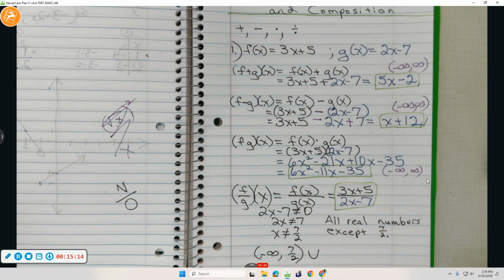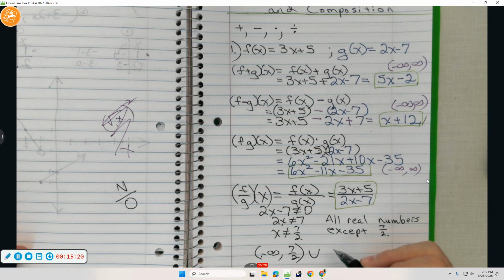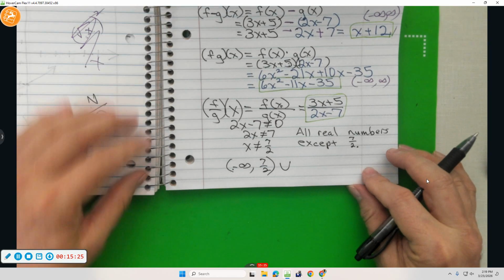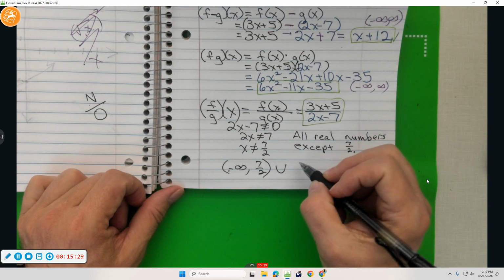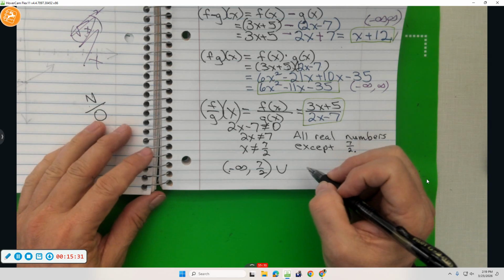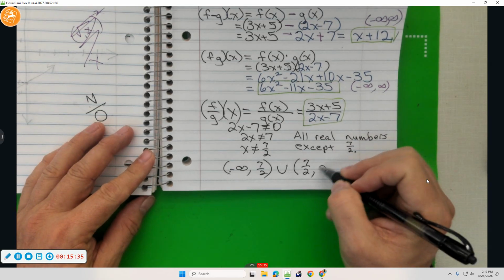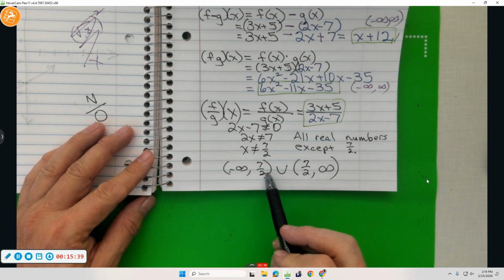Or, how do we say all the numbers to the right of 7 halves on the number line? Right there. A parenthesis and then 7 halves, comma, infinity. This is saying all the numbers to the left of 7 halves.